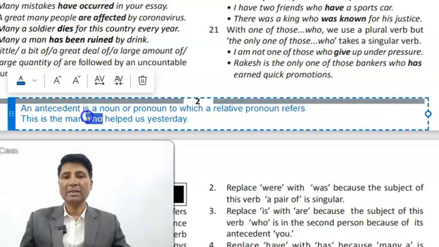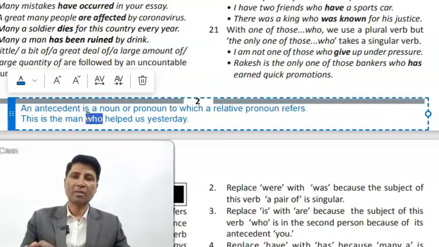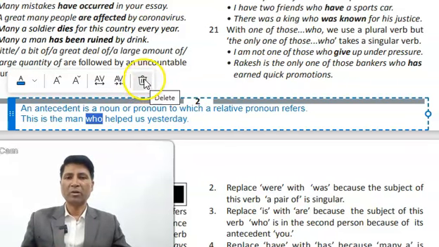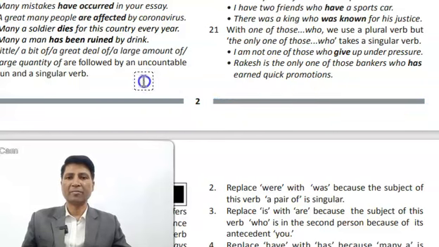The word antecedent in simple language means that which comes before. So here it means the noun or pronoun that comes before that relative pronoun. Hope you understood. Note down, and then you pause the video, note down, because I am deleting it.